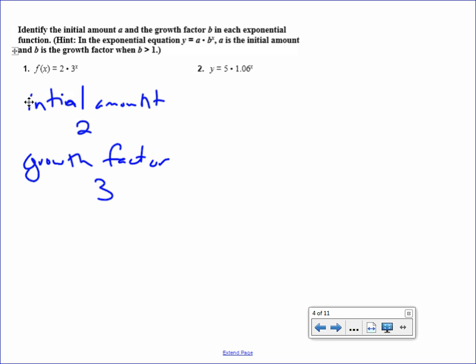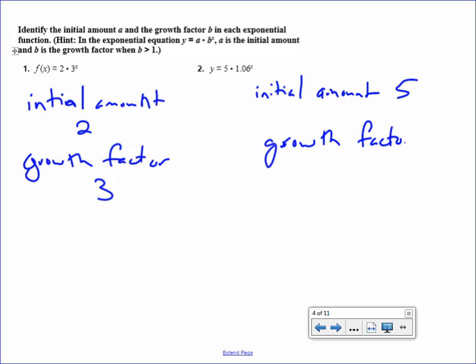Okay, if I look at this next one, the initial amount is 5, and the growth factor is 1.06. Okay.